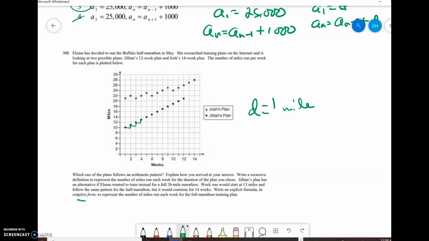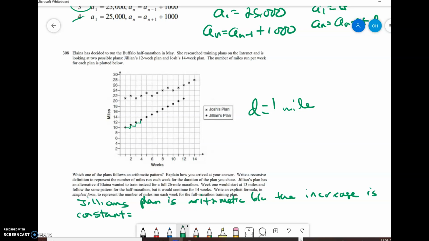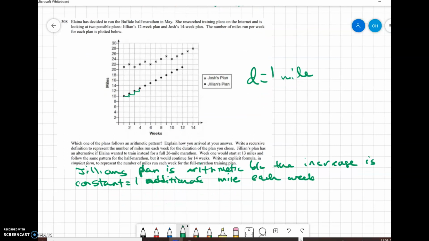Okay, so Jillian's plan is arithmetic because the increase is constant, which equals 1 additional mile each week. Okay, but you're not done.